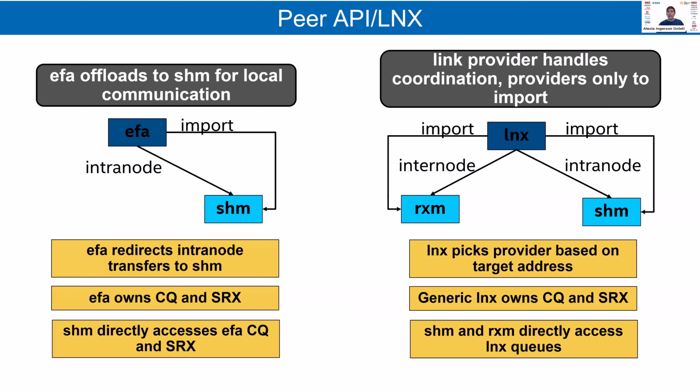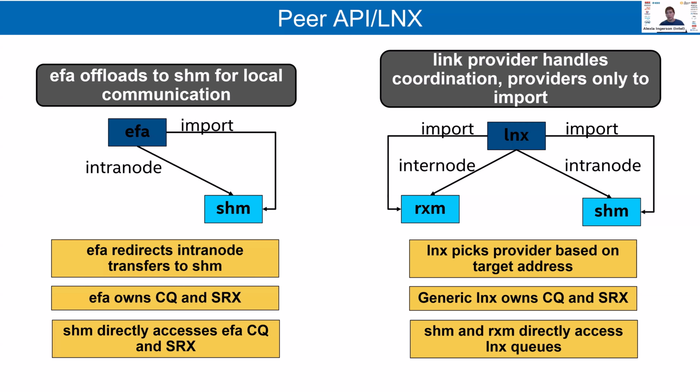On the right, we have the LNX setup, where LNX is acting as the owner of all these resources, so the CQ and the context. So it'll open up an instance of an internode provider. In this example, I just use RxM for remote communication, and then an instance of the shared memory provider for local communication. And then it will import the resources into both RxM and SHMEM, directing all communication requests that it gets into one of those two providers.